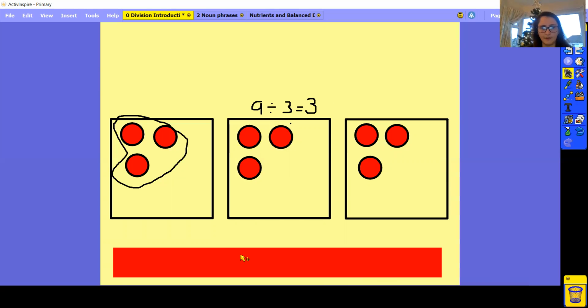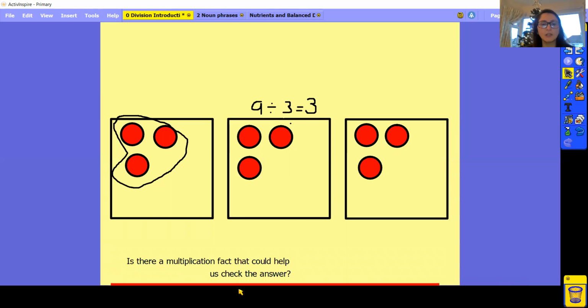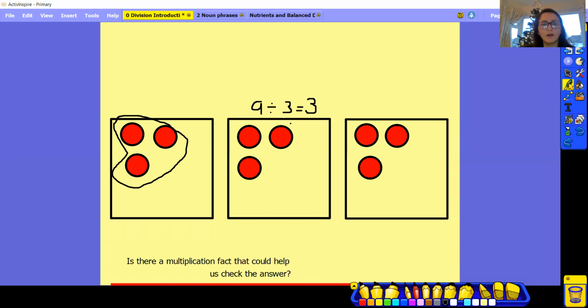Okay, let's have a look at this bit. So is there a multiplication fact that could help you check the answer? So remember, division is the inverse of multiplication. So can we think of a multiplication fact that we might know? So first of all, let's have a look at this number sentence. We know we have 3 groups. Remember, we've got 1, 2, 3.